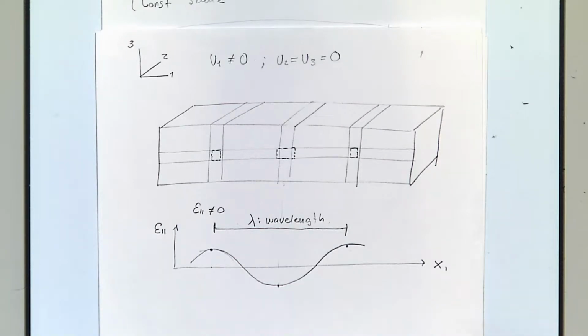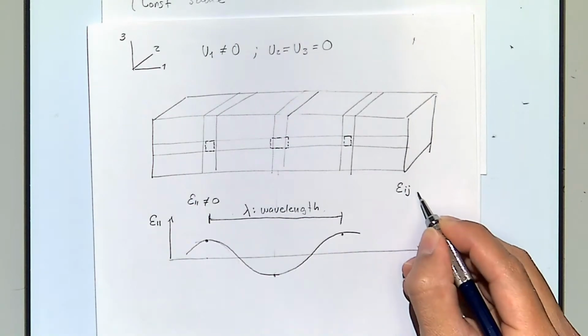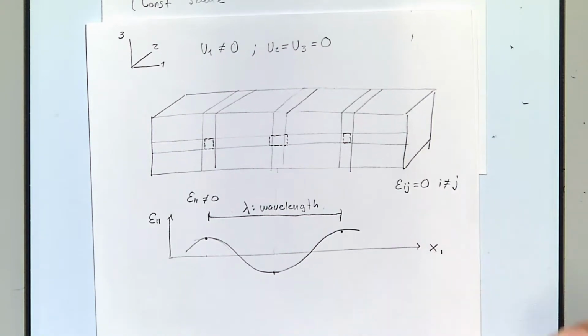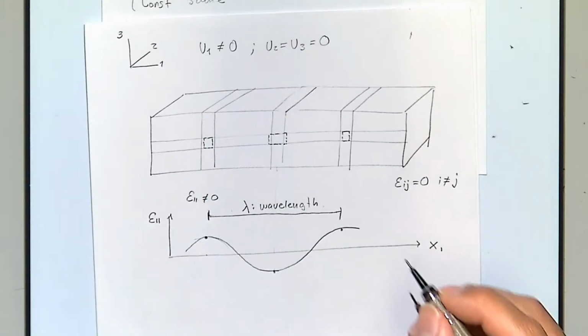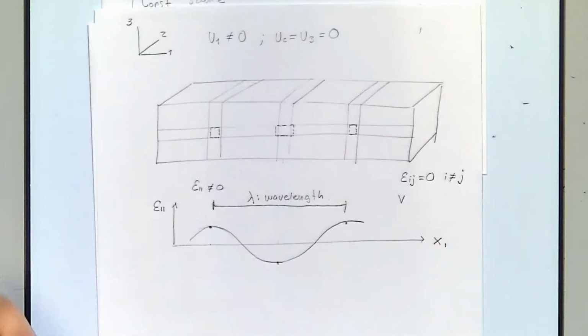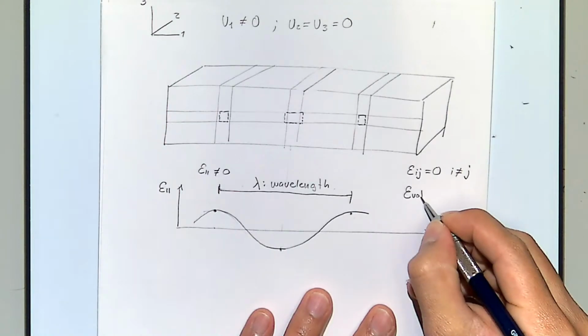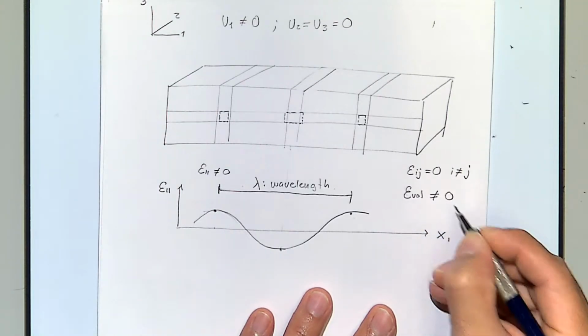Shear strain is 0, right? So all shear strains for i different than j are equal to 0. And the volumetric strain is not 0.